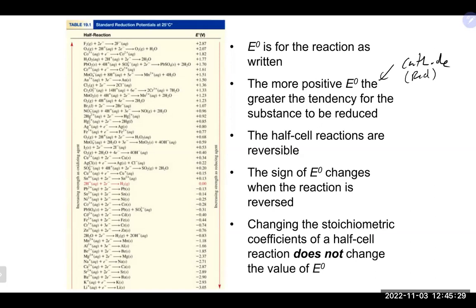If it's positive, it becomes negative. And changing the stoichiometry, when you put two half reactions together, you need to multiply a half reaction by a number to get the same number of electrons in each. You can multiply by whatever number you need to get the balanced equation. It will have no effect on the SRP value. For example, if we multiplied the half reaction by 3, we would not multiply the SRP value by 3. We'd just leave it the way it is.